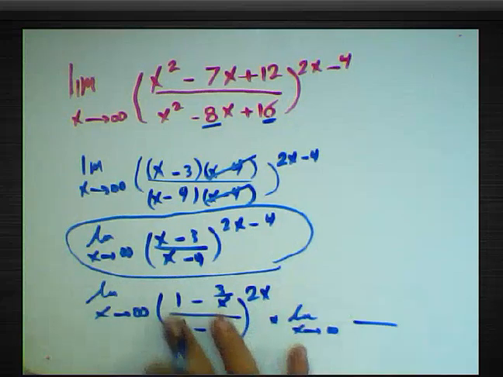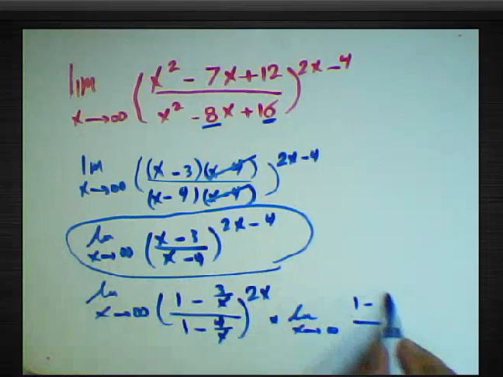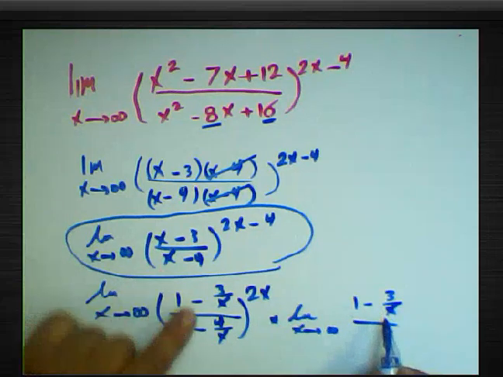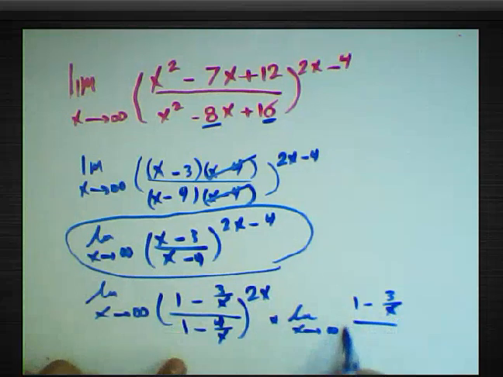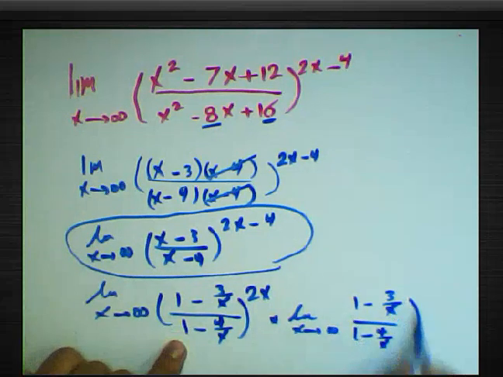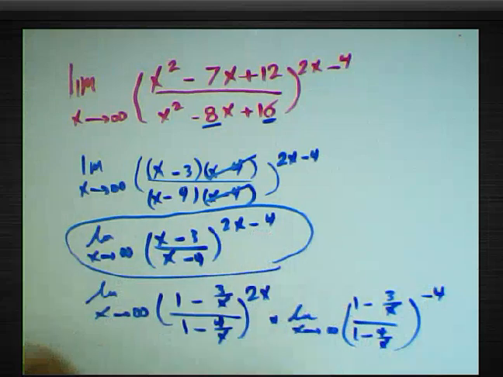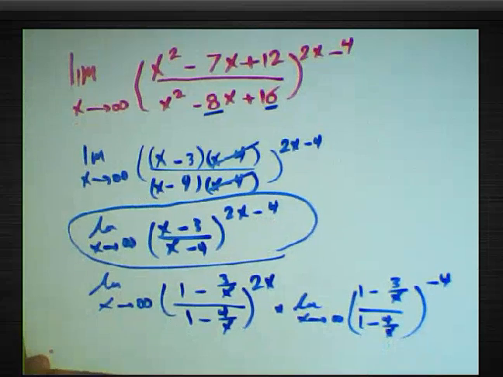Here 1 minus 3 over x, again 1 minus 3 over x over 1 minus 4 over x, all to the power negative 4. I write the limit like this, but I distributed it. Why? To find the result using the rule.